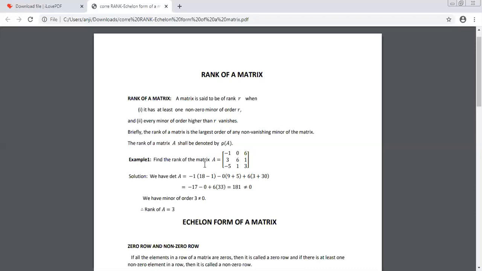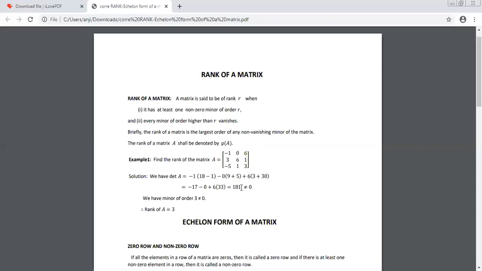So the determinant of A is equal to -1 into (6 into 3, 18, minus 1 into 1), minus 1, and this term is 0, plus 6 into, removing this column and this row, we get 3 plus 30.